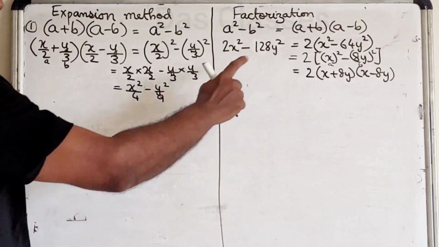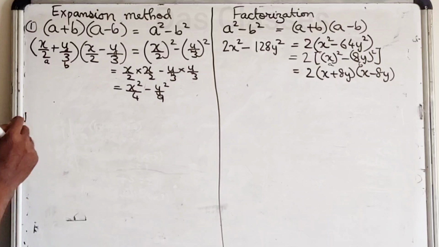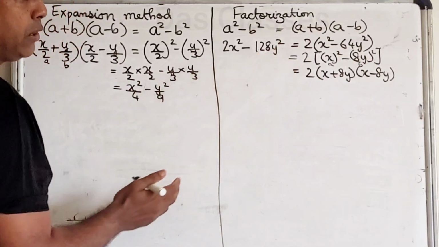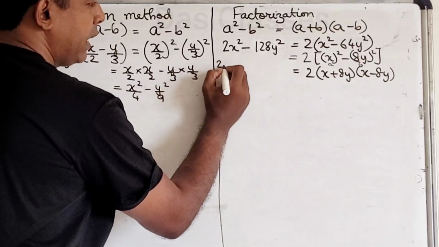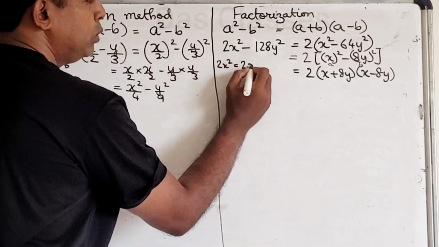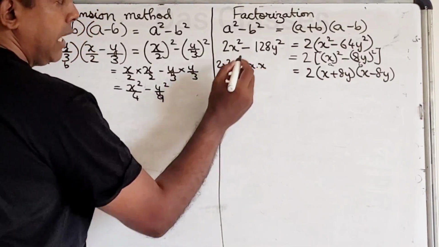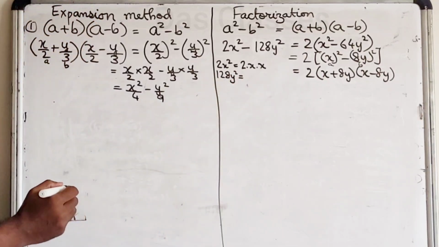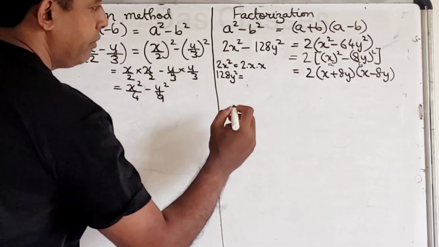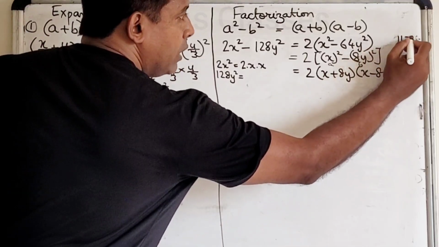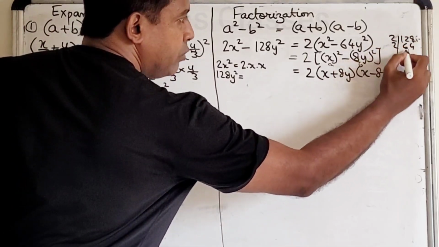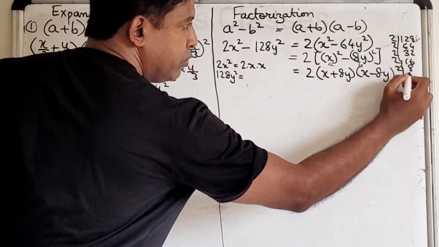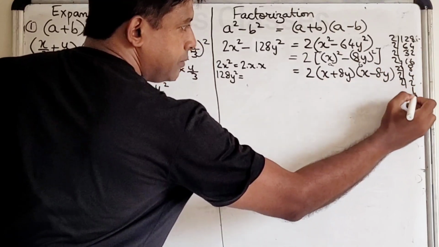Now over here, finding the common factor is a big problem for many students, so I will show you how to find it. So 2x square is basically 2 into x into x, and 128y square, you can factorize and see for yourself: 128 is 2 times 64, 2 times 32, 2 times 16, 2 times 8, 2 times 4, 2 times 2, 2 times 1.